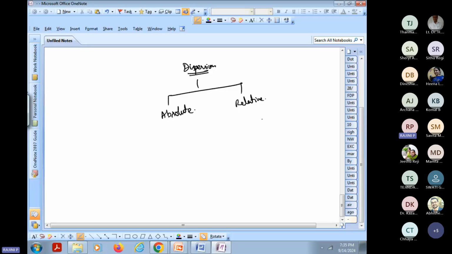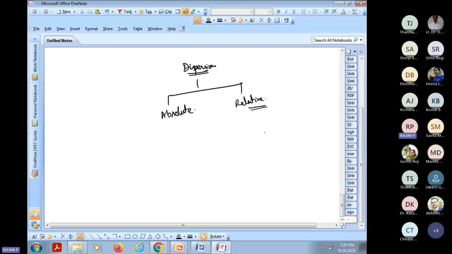And what is the meaning of relative dispersion? Relative dispersion is when you want to compare between two or more than two, then we go for relative dispersion.